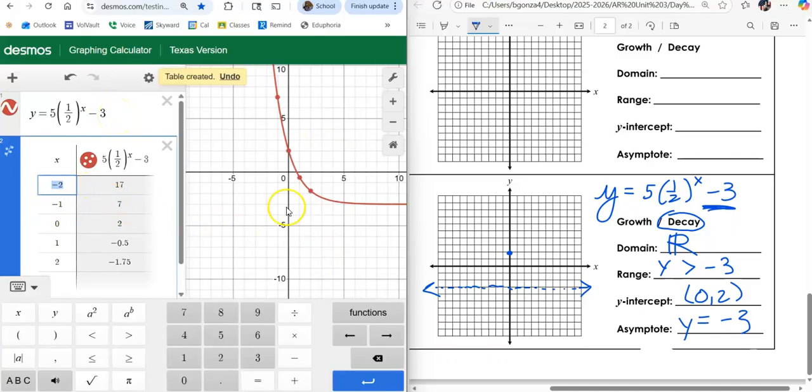You can just plot some of these points: (-1, 7), 1, 2, 3, 4, 5, 6, 7. Then draw these two points and flatten out right there. That's good enough. What the 5 does is vertically stretch it, so it makes it like this.